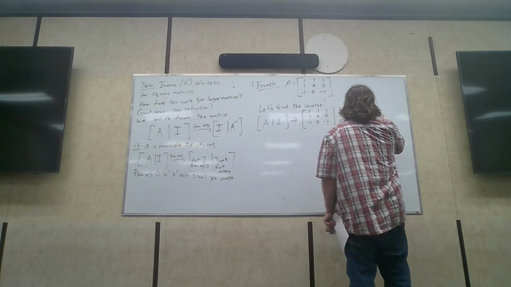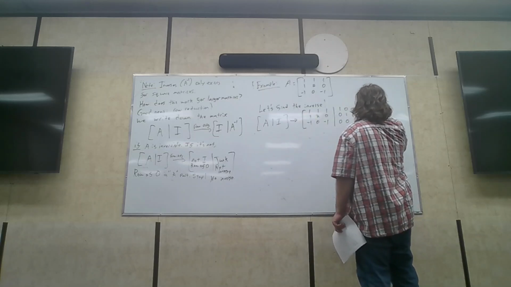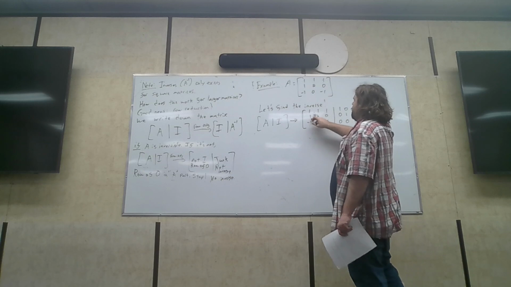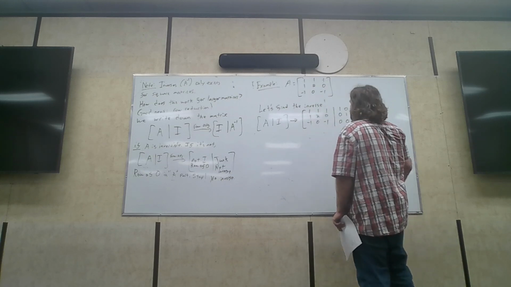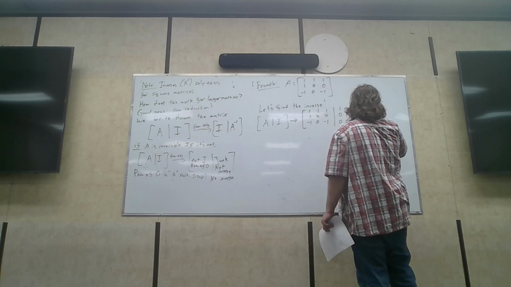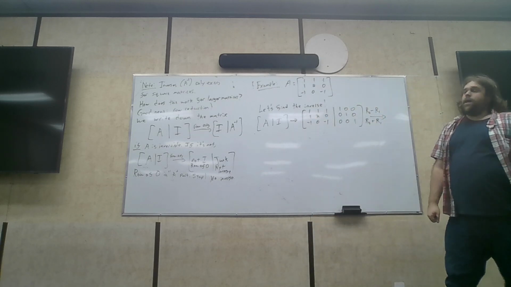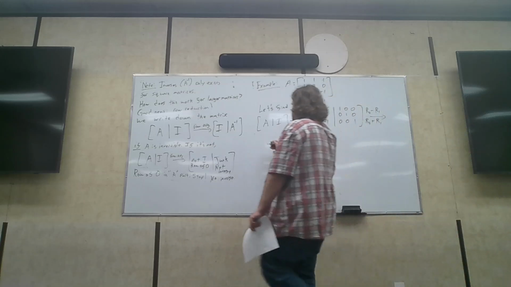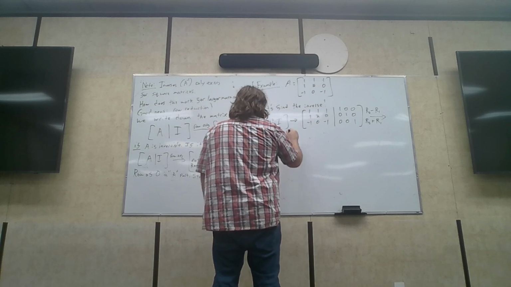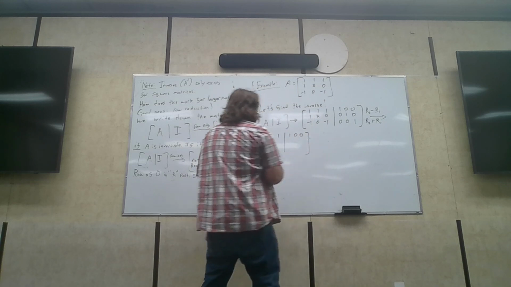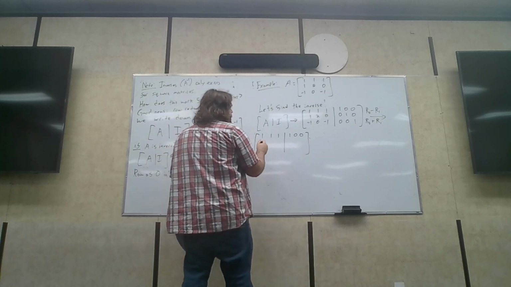So let's do that. Row 2 will become row 2 minus row 1, and row 3 will be row 3 plus row 1. So that's going to do nothing up here. Now it's a row with 6 columns rather than 3.